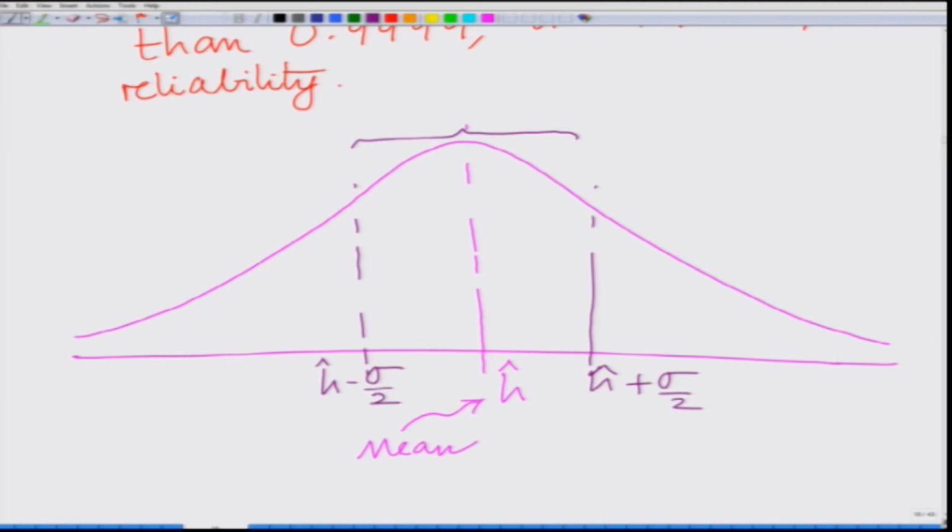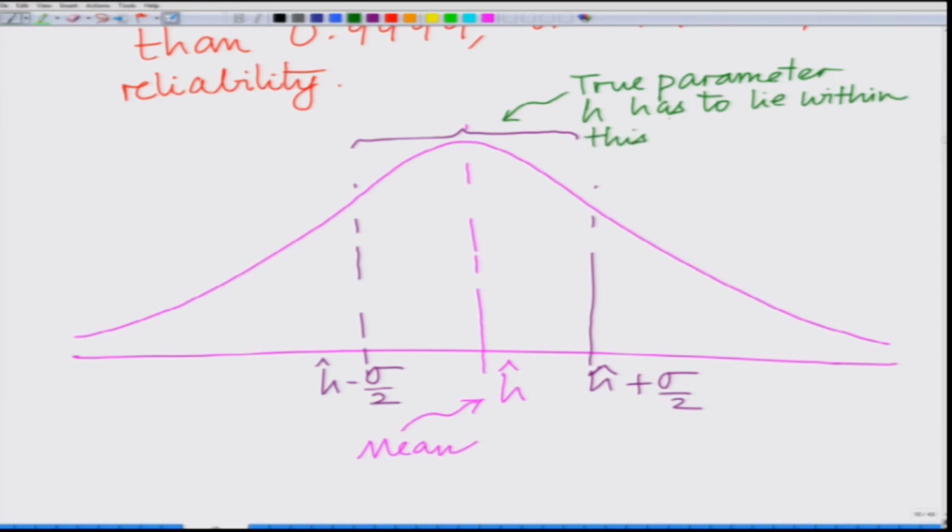So the true parameter h has to lie within this sigma by 2 radius, within this sort of box, with probability greater than 99.99%. That is, h has to lie within h hat plus sigma by 2 to h hat minus sigma by 2 with probability greater than 0.9999, or 99.99% reliability. And you can now see that as n is increasing, this variance is decreasing.